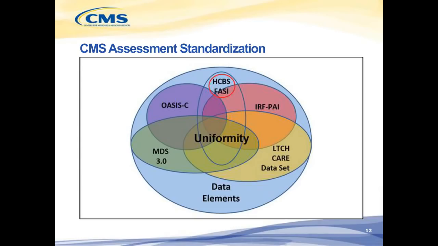And just to note that some of you may be aware of the FASI tool, which is under development for use in long-term services and supports, and FASI stands for Functional Assessment Standardized Items. Those assessment questions will be standardized with post-acute care assessment questions, so including items on functional abilities. And so the aim is to develop assessment items that can be used for all settings. So that center point that you see there, we're looking for uniformity. And the next slide, please.